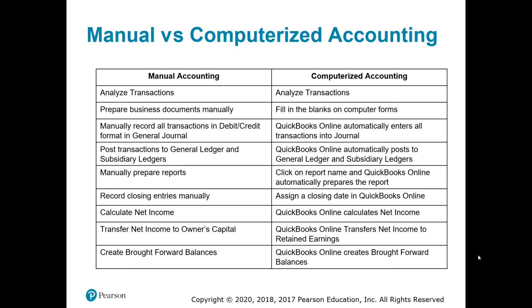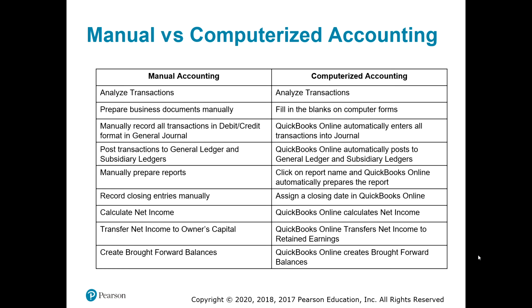If we did it manually, we also would have to record those closing entries that y'all know and love from Accounting 2301. But this is already done for us by QuickBooks Online, and it records it too. Actually, all we have to do is assign a closing date. Boom.